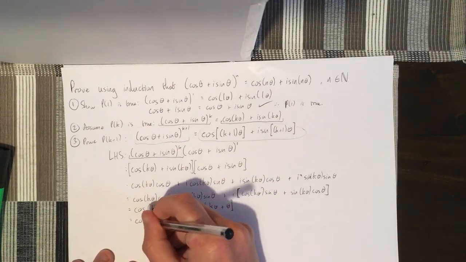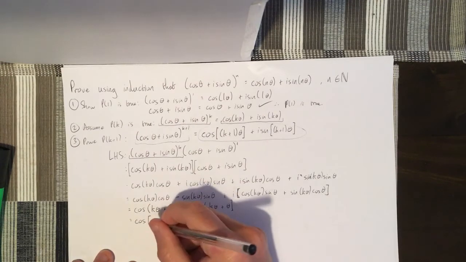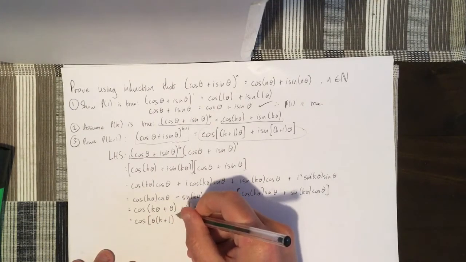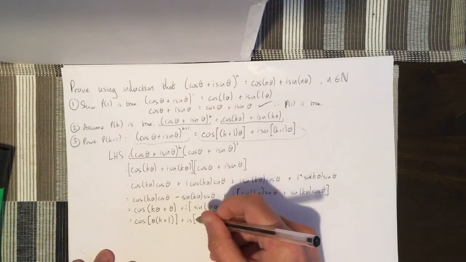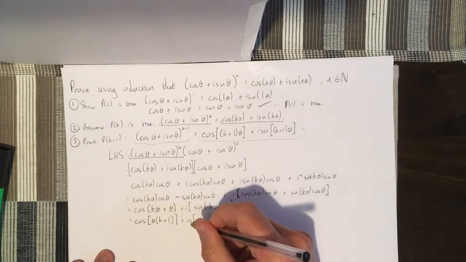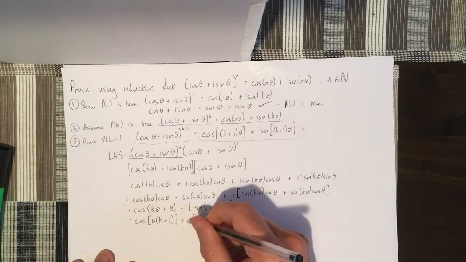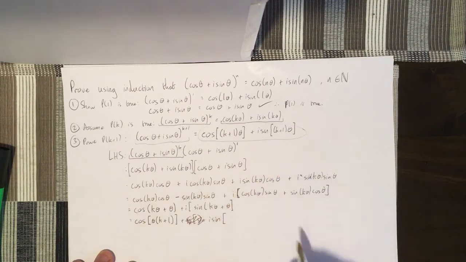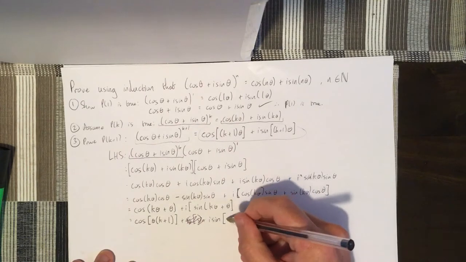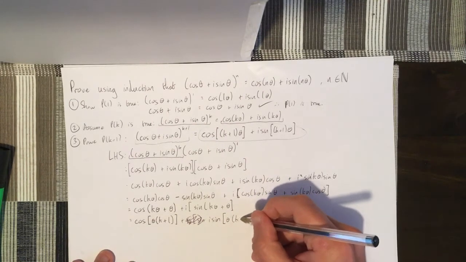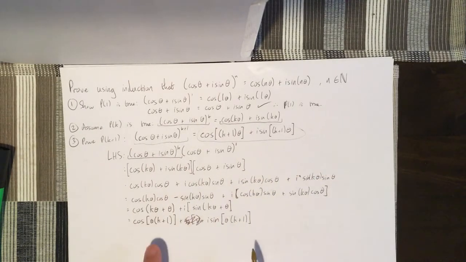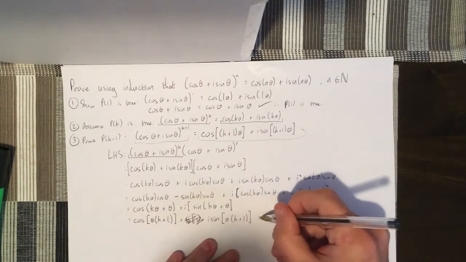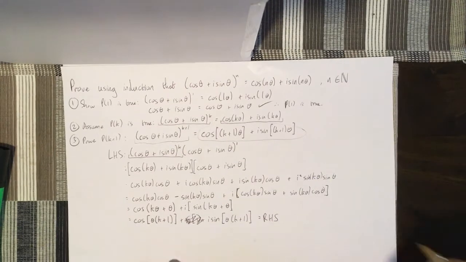So that's equal to the cos of, factorizing theta out within this angle leaves me with k plus 1 theta, plus i sine, and then factorize the theta out there as well, so theta on k plus 1. Okay, and the order is different in the multiplication, but that is equal to the right hand side.